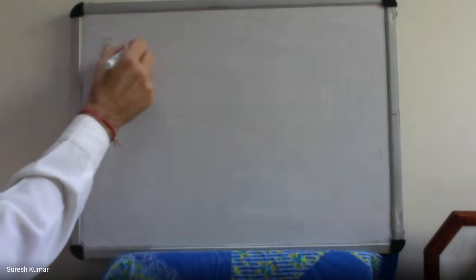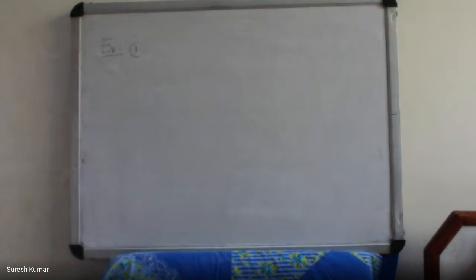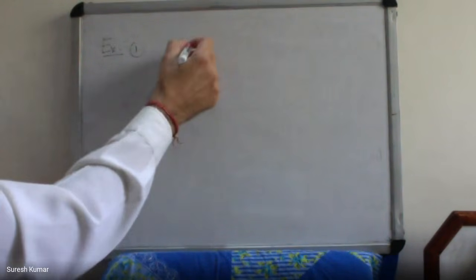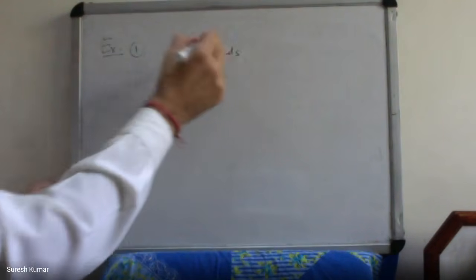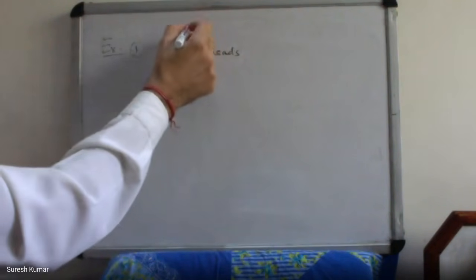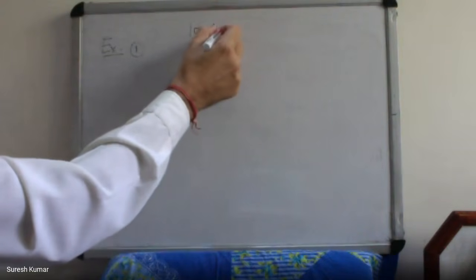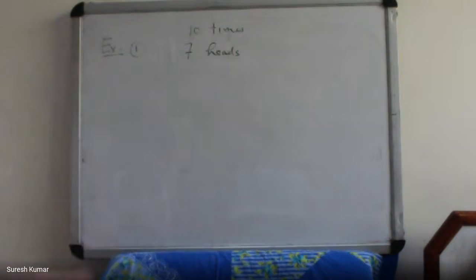Example 1. Suppose a coin is tossed 10 times, and 7 times head appears.